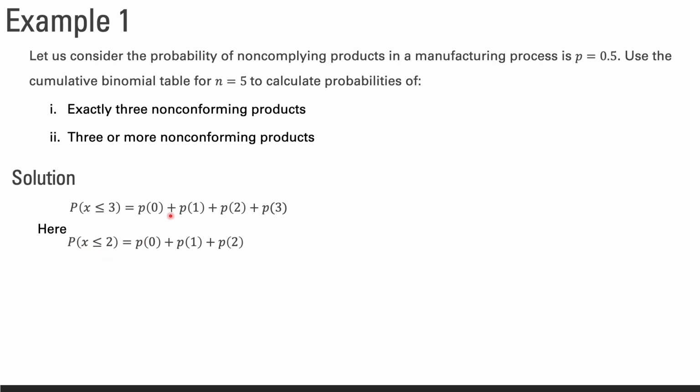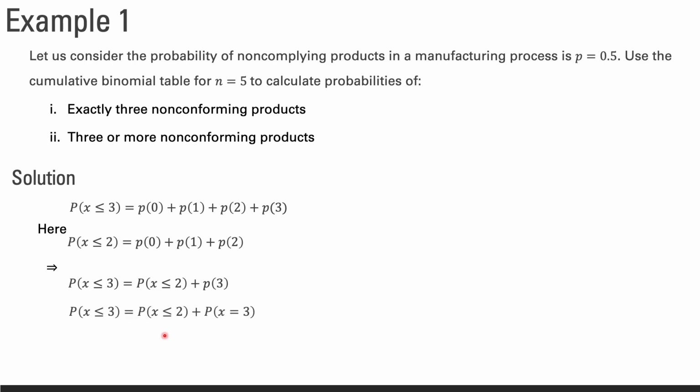Now we can replace this value here, so instead of these we write the probability of finding less than or equal to 2 non-conforming products. Because we cannot find these exact values from the table, we can find only the cumulative values from the table. That is why we have to do this procedure.